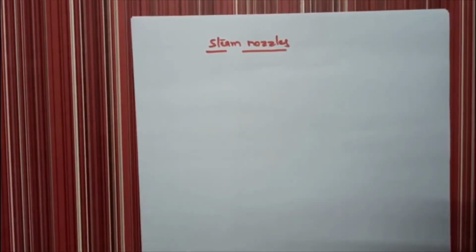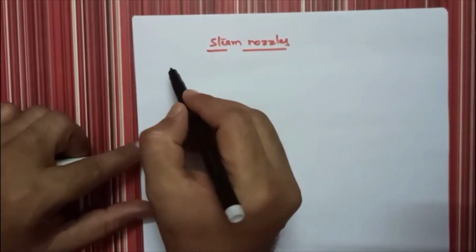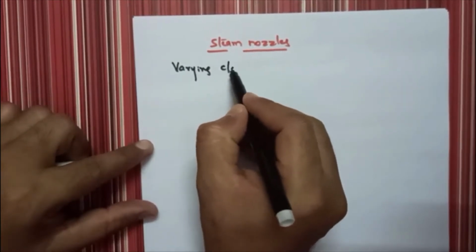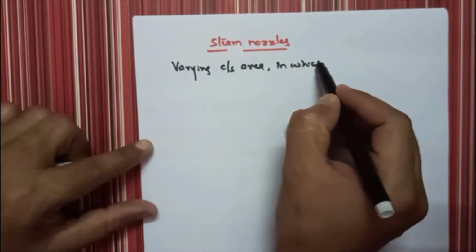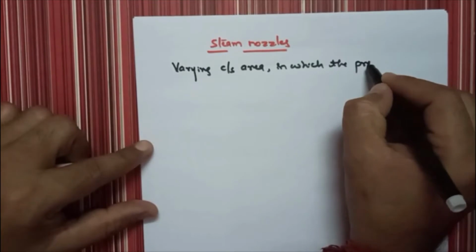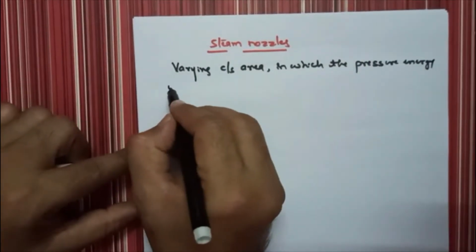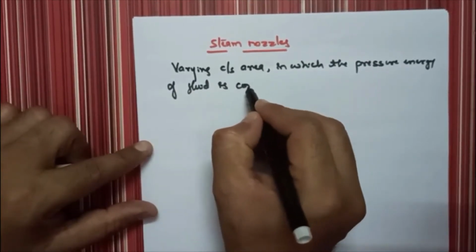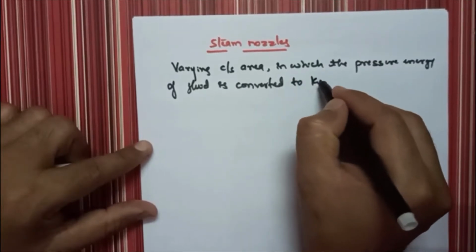So nozzle is a device of varying cross-sectional area in which the pressure energy of the fluid is converted to kinetic energy of the fluid.